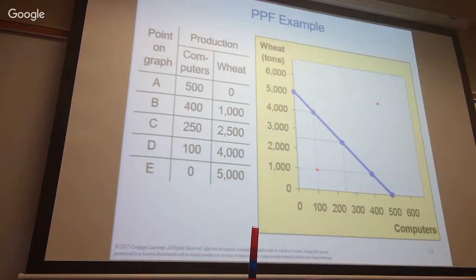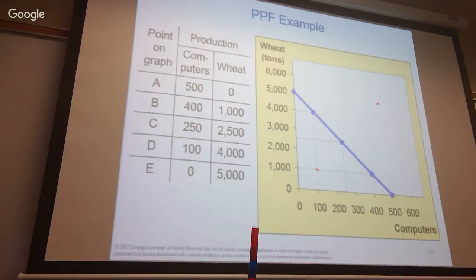Well, let's take a look. For 500 computers, every computer will cost you 100 hours. So 500 computers will cost you 50,000 labor hours. And then for 5,000 wheat, every wheat costs you 10 hours. So 5,000 wheat is another 50,000 labor hours. So together for this combination, we need a total of 100,000 labor hours.